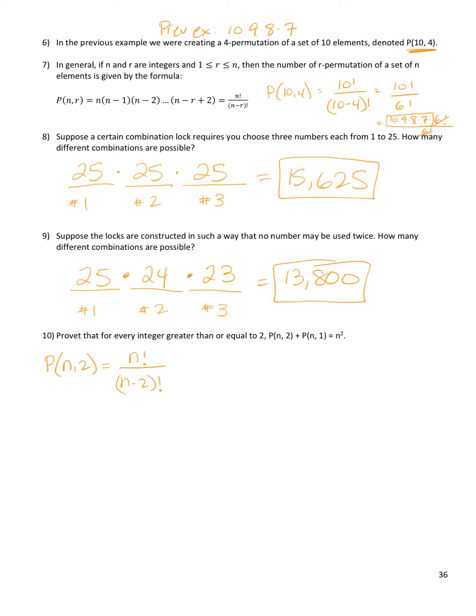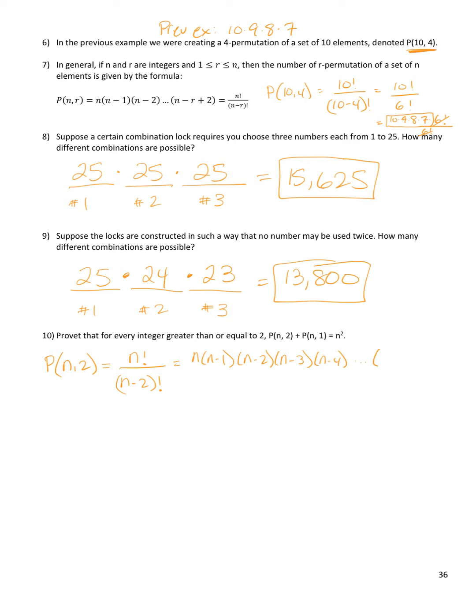And then I'll simplify this. n factorial means n times n minus 1 times n minus 2 down to 1. You know what? I'll write it out. Times n minus 3 times n minus 4.